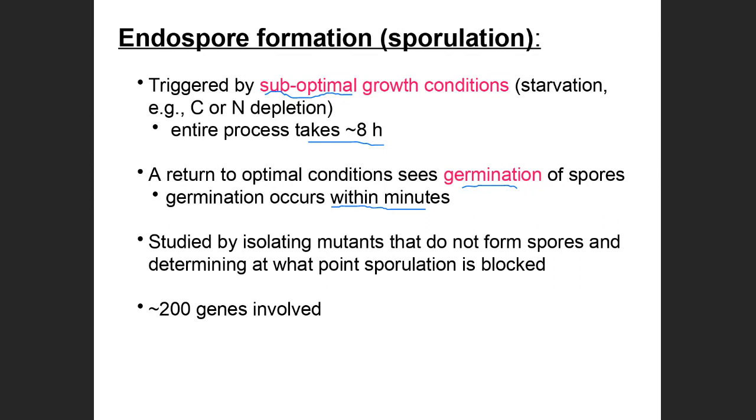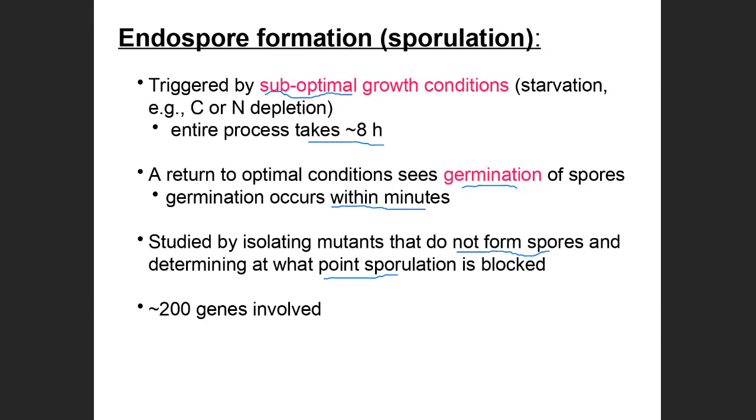The sporulation stages are normally investigated when scientists look at mutants within a population, those mutants which do not form spores. In other words, they've changed a little bit in their genetic makeup so that now they are unable to form spores. Then the scientists determine where the sporulation is blocked.